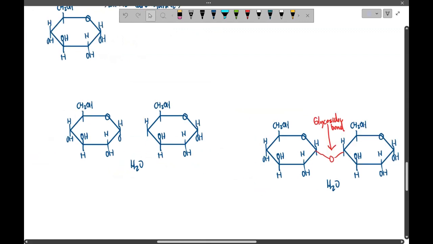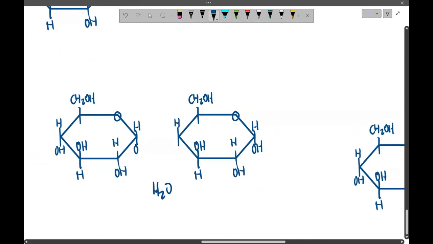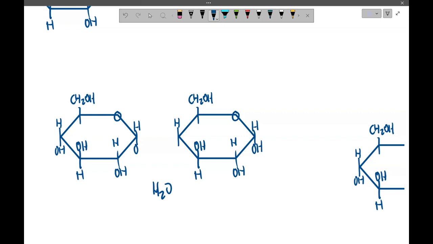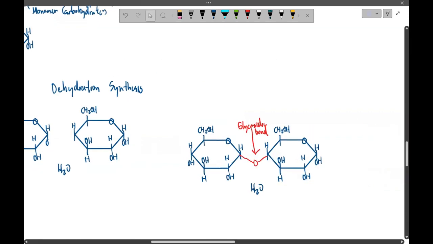And the process where you're losing a water molecule between the molecules to form a bond is called dehydration synthesis. It's also known as a condensation reaction. Now, what we see here is a disaccharide, so just two sugars.